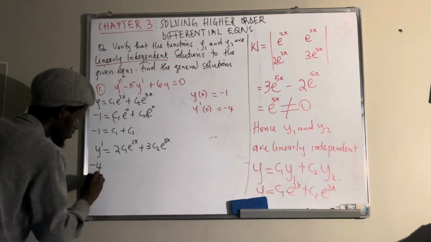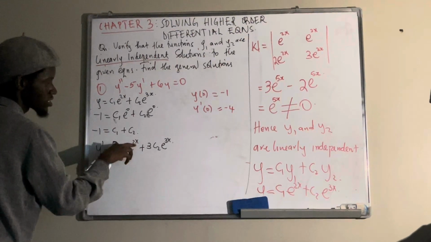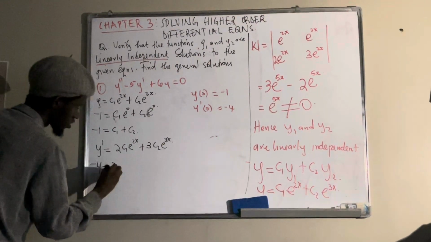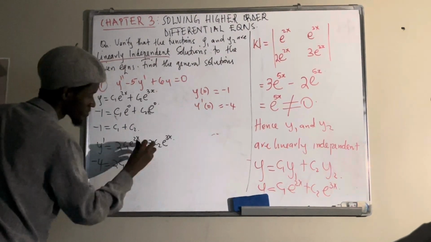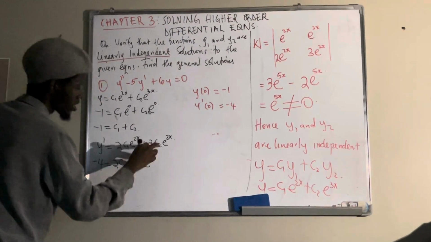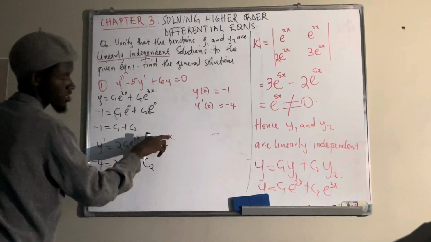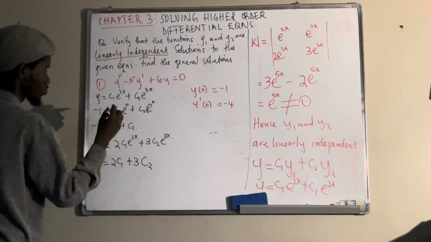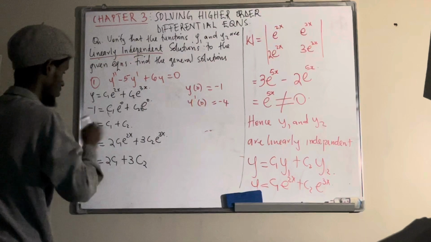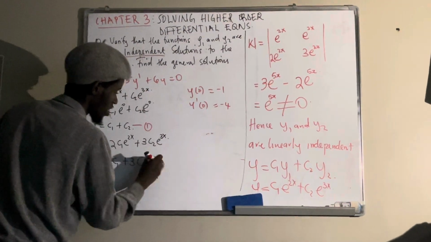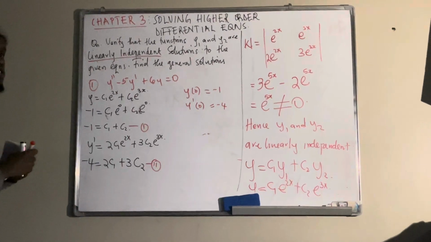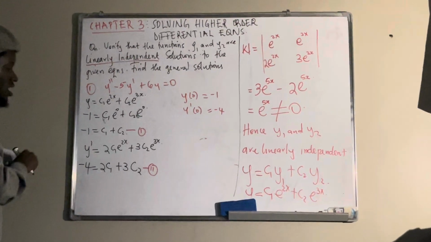I have negative 4 equal to 2C1, because e power 0 is 1, plus 3C2, because e power 0 is going to be 1. I have these two equations, equation 1 and equation 2.